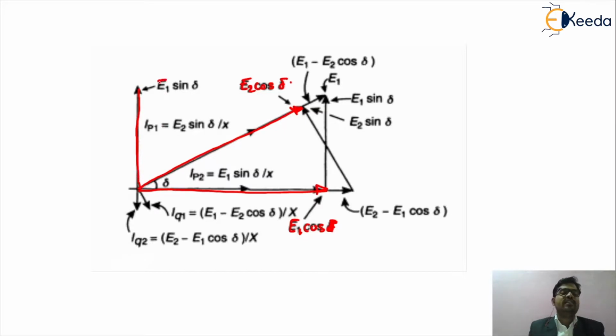This is E1 into sin del. Similarly, we get the second component, because this E1 sin del we can represent here. So it shows E1 into sin del. Similarly, we get the receiving end reactive component. So this is E2 sin del.